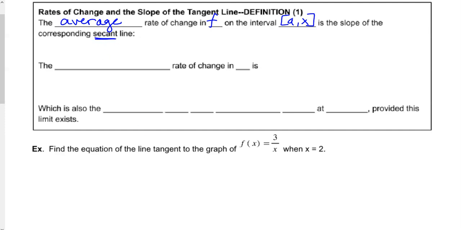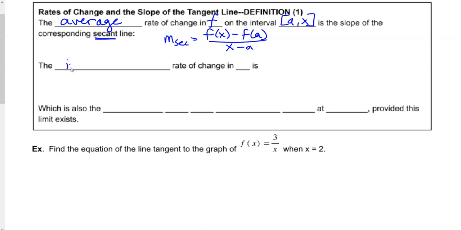Remember, average rate of change, average velocity, was the slope of the secant line. So the slope of the secant line for our function f is defined as f of x minus f of a all over x minus a. So a rate of change, basically y minus y over x minus x, to find a slope.